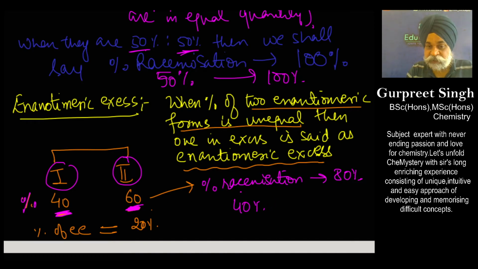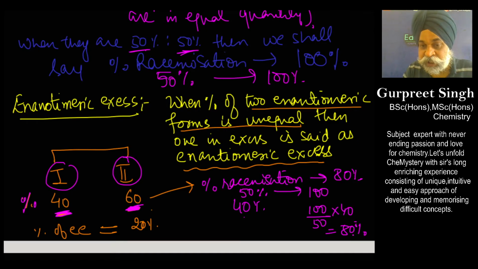So when the percentage is 50, then the racemization is 100. When it is 40, then it would be 100 by 50 into 40. That is what you call 80%. This is the best way to identify the percentage racemization and percentage enantiomeric excess.